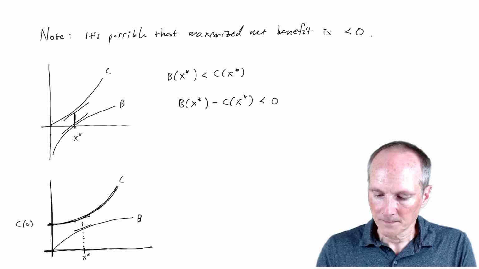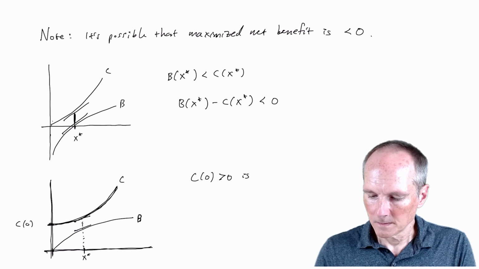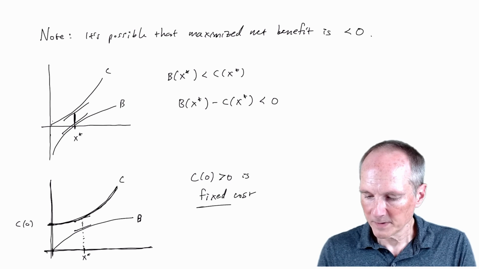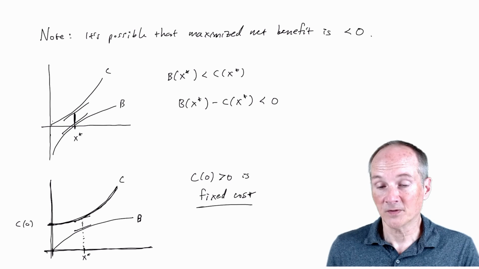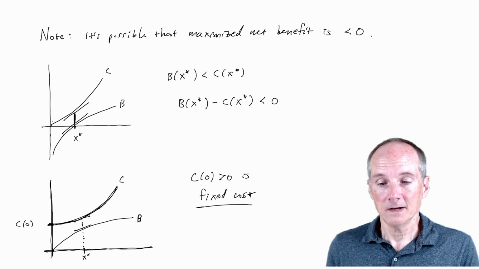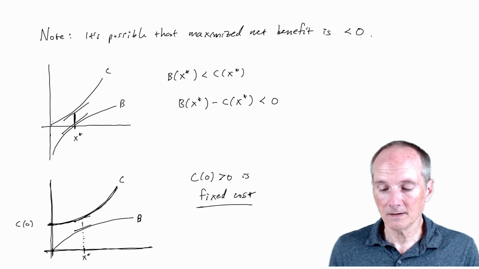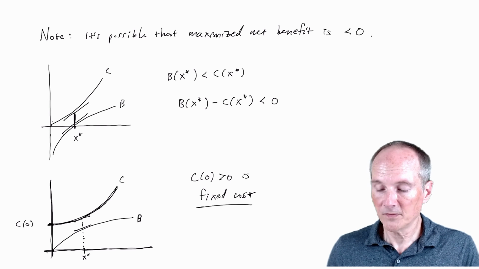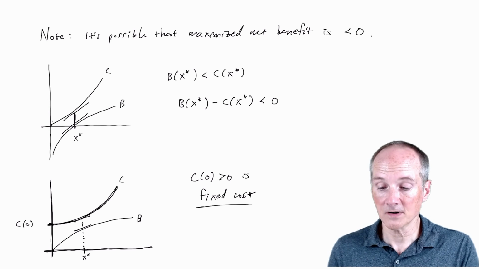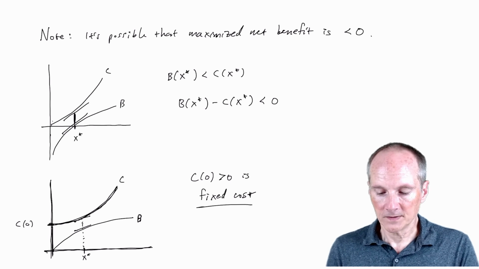That's called fixed cost. And what it reflects is that to even start production, before you can actually produce the first unit, there are investments that have to be made, training, building a factory, right? So even before the first unit of production, there are costs involved. That's what this vertical intercept reflects.